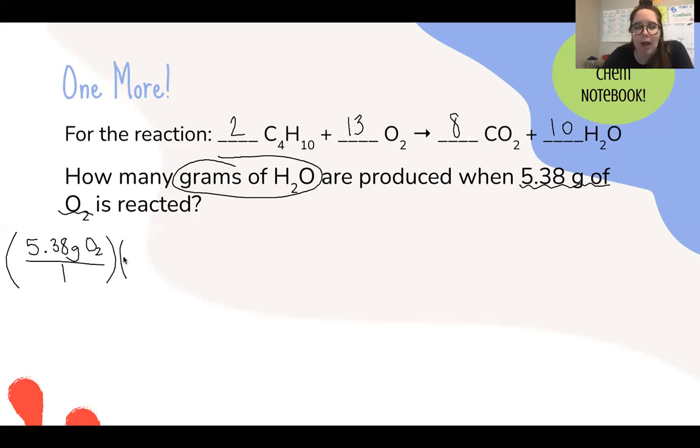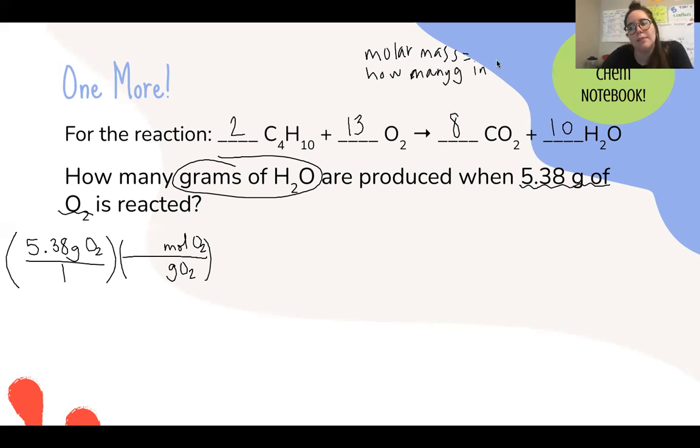All right, so now we need to go from grams of oxygen to moles of oxygen. And how we're going to do that is our molar mass. So moles of O2 and grams of O2. Remember, molar mass is how many grams there are in 1 mole of a substance.